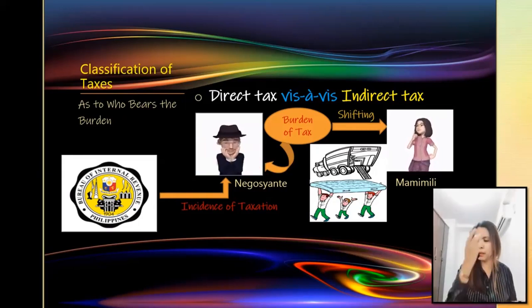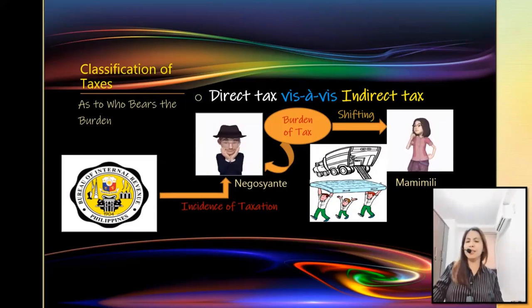Why am I paying value-added tax? It should be Jollibee paying. The burden should be on Jollibee, dahil mayaman ang Jollibee. But value-added tax is an indirect tax. The burden can be shifted to the buyer, purchaser, or customer. That is why they are contesting the validity of the law. But it is valid. Indirect taxes are valid.